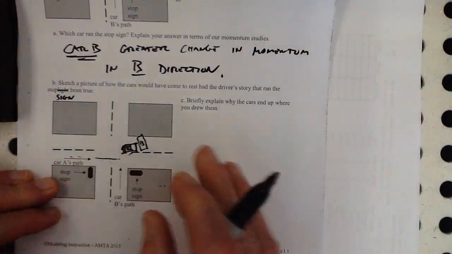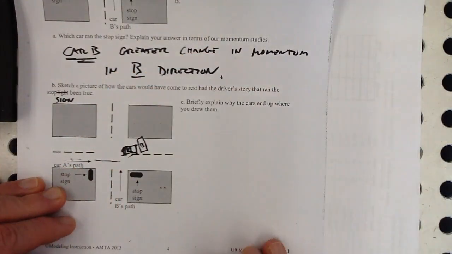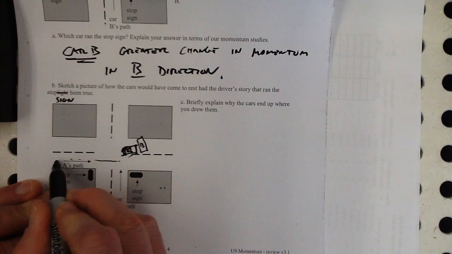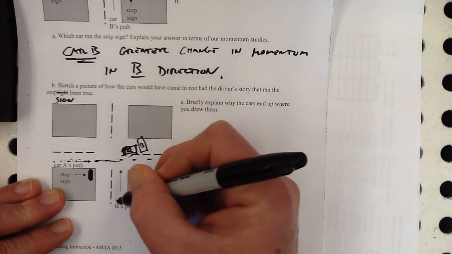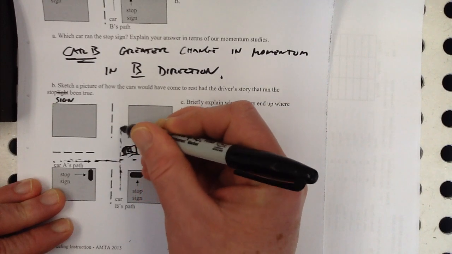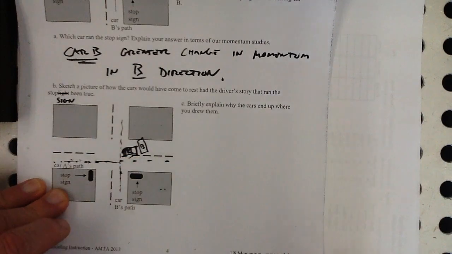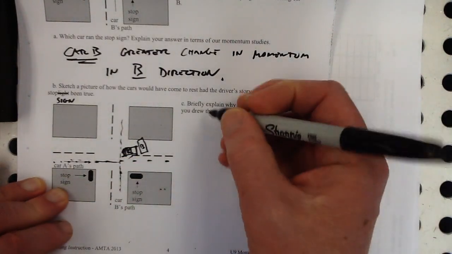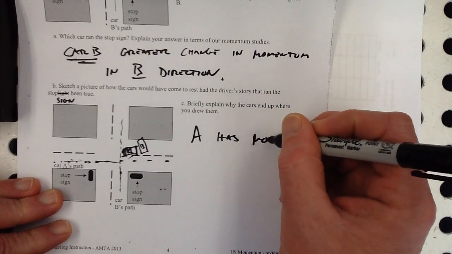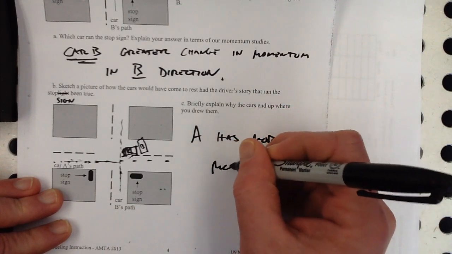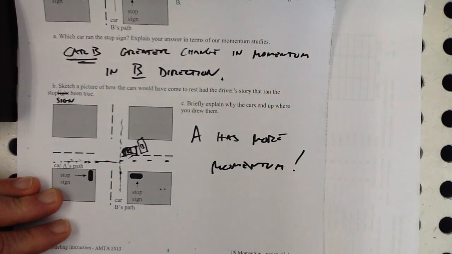So if A is going faster, that's going to push them this way more than it pushed them up. So A didn't divert that much from its path. B diverts more from its path. That means A had more momentum. There you go.